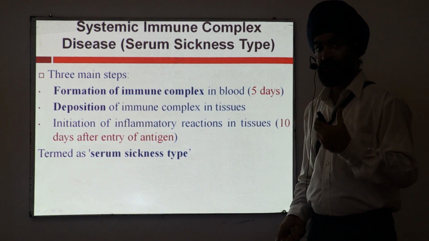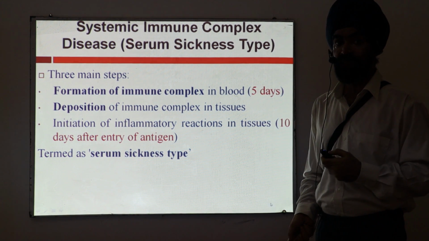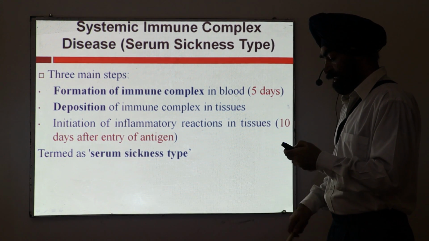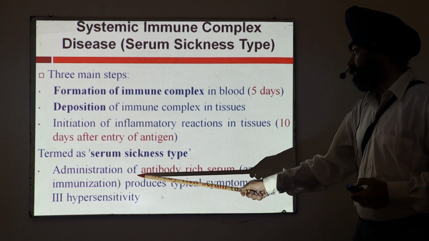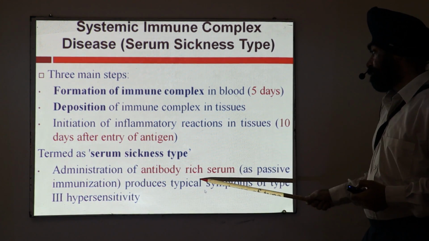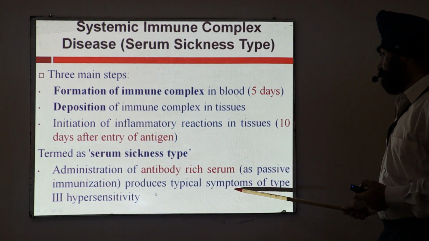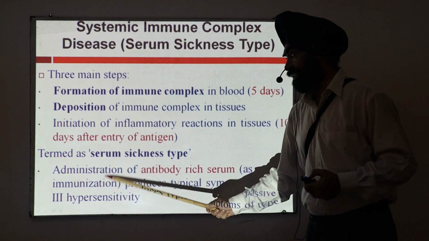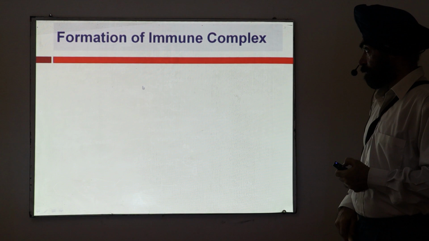But that serum may contain certain foreign antigens and may make the person sick. That is called serum sickness type. So this is what I am writing. When you administer the antibody-rich serum, which is a part of passive immunization, it may produce typical symptoms of type 3 hypersensitivity reaction. So I will explain these three steps.